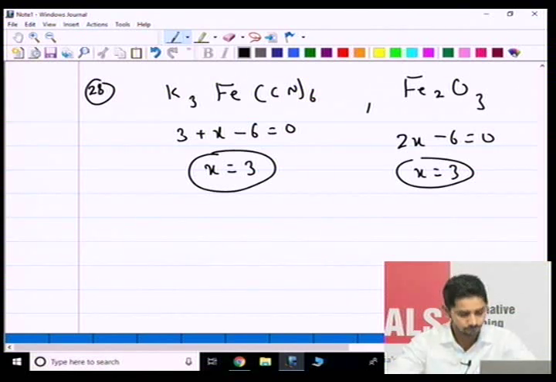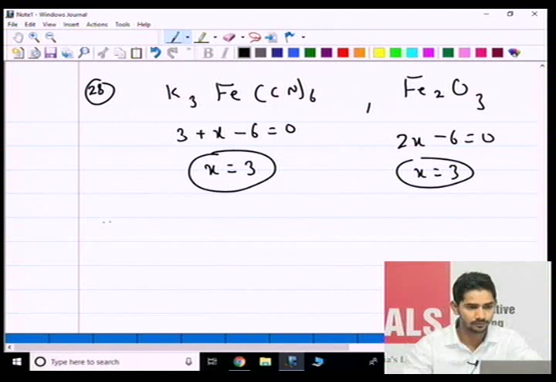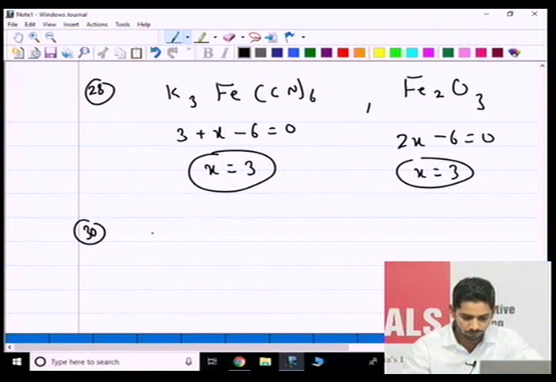Number 30. The sum of the oxidation states of sulfur. Guys, if you remember, I have discussed this question with you. I told you to solve this question on the basis of the structure, so first of all, let me draw the structure.